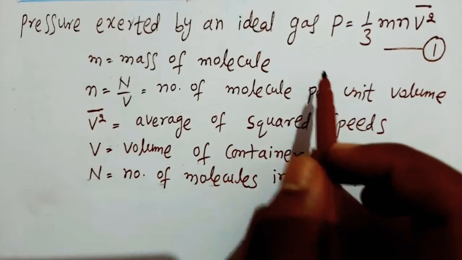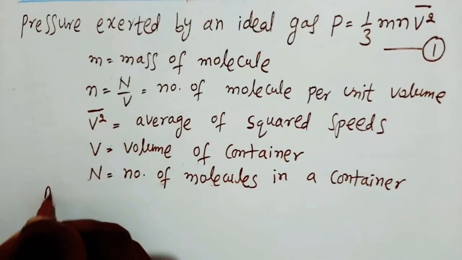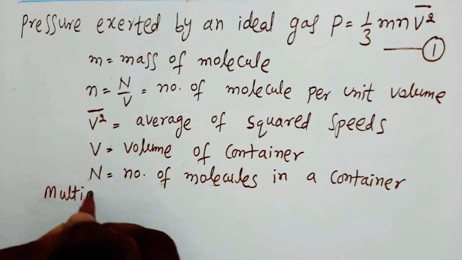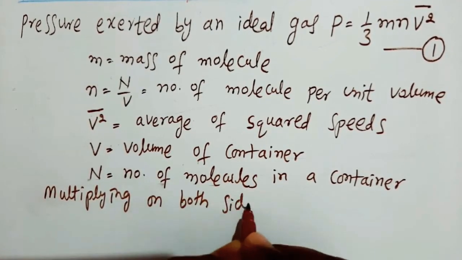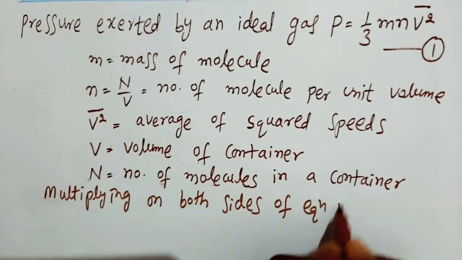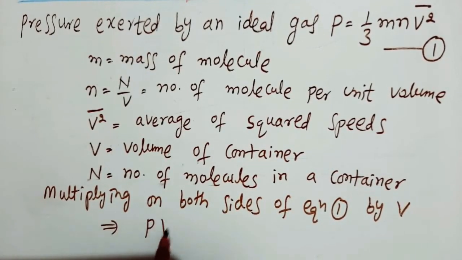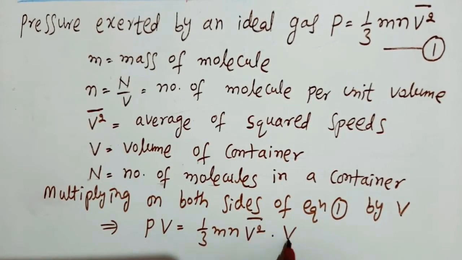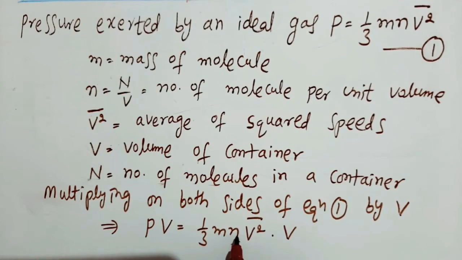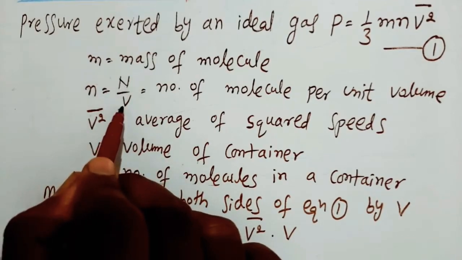Here I am multiplying both sides of equation 1 by volume V. So we can get PV = 1/3 mn v² bar into V. We know here n is the number density, that is, the number of molecules per unit volume. So n = N/V.